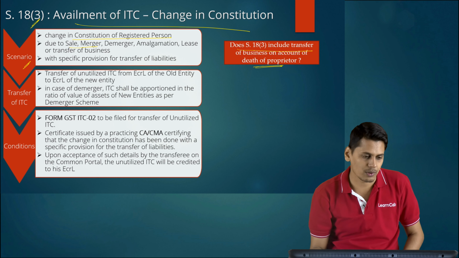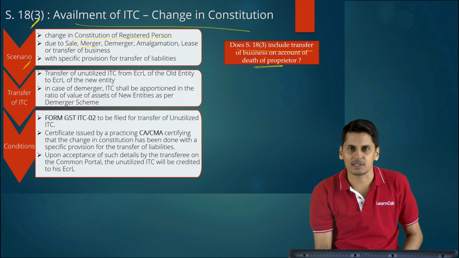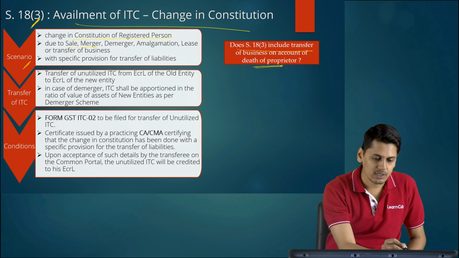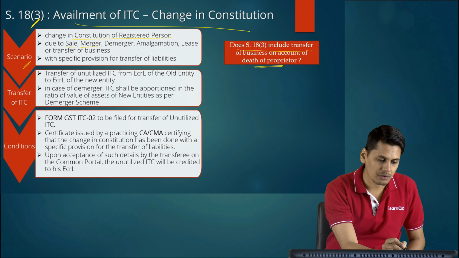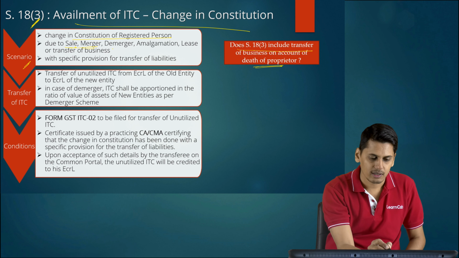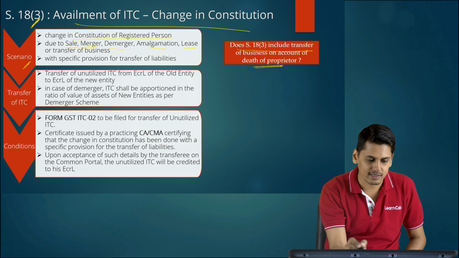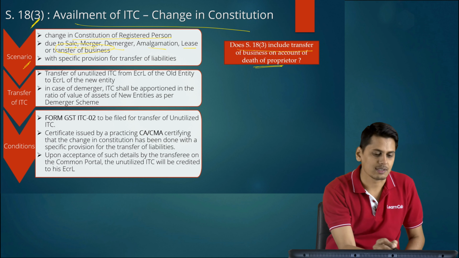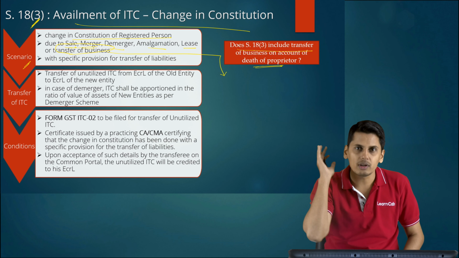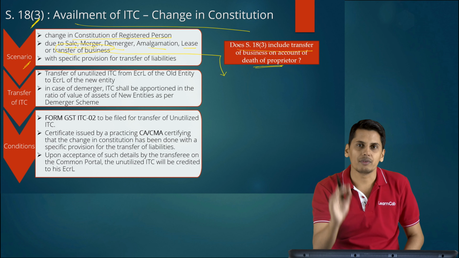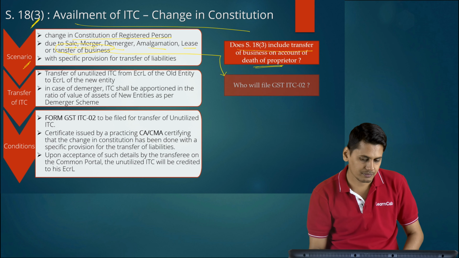This question arises because if you read the wordings of 18 subsection 3, it tells you change in the constitution of registered person because of sale, merger, demerger, amalgamation, lease or transfer of business. Now the question is, does this transfer of business include transfer on account of death of the sole proprietor?